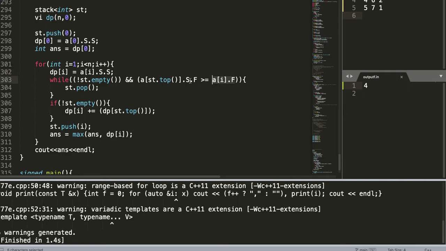This is bi, this is aj, and keep removing elements from the stack while this is happening.